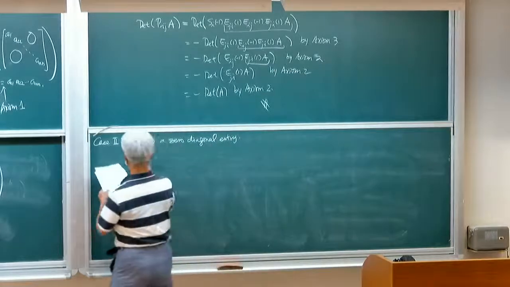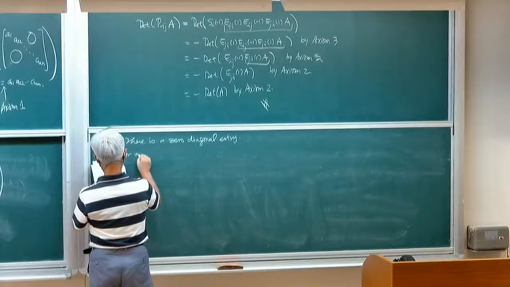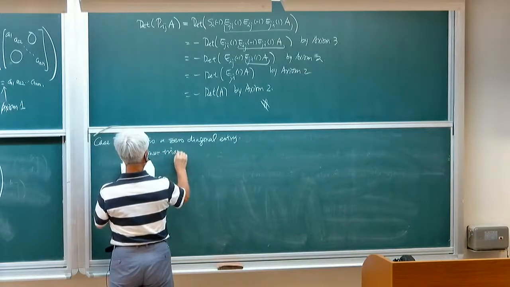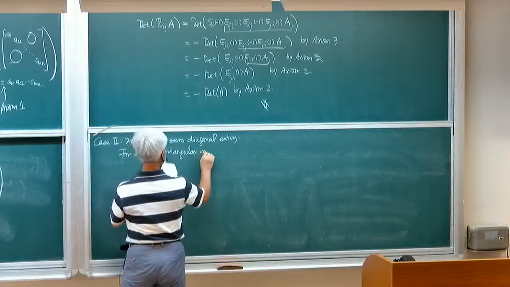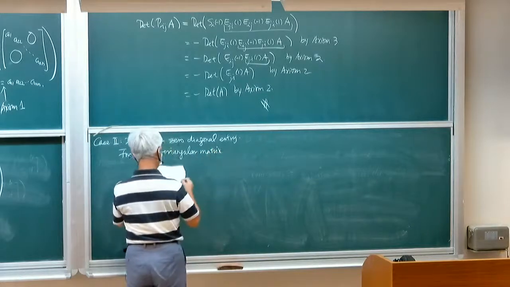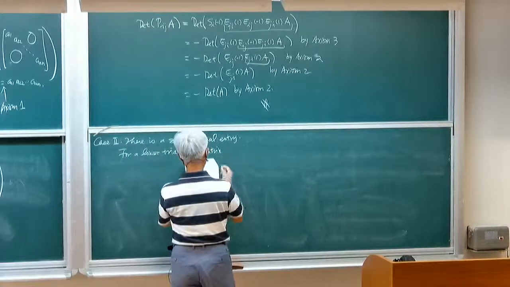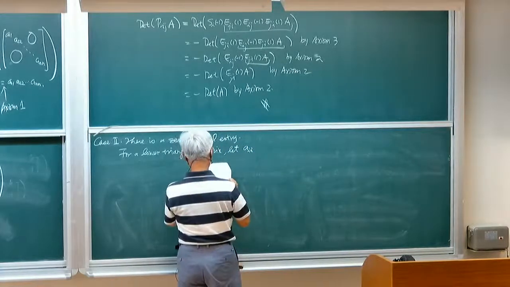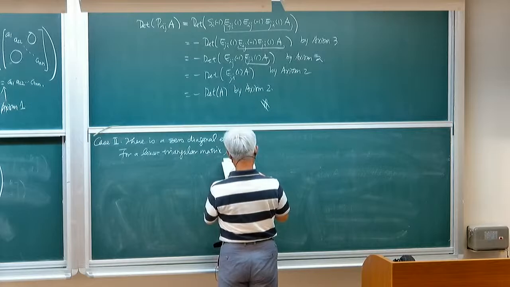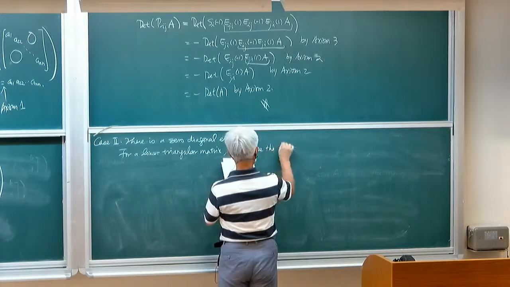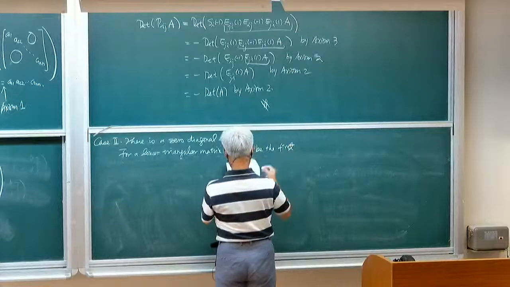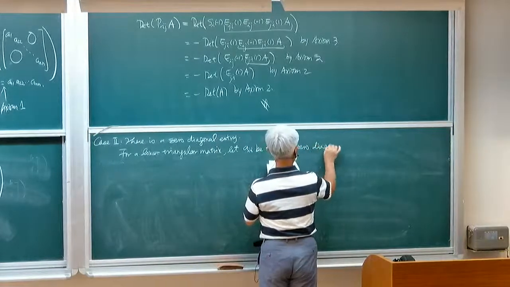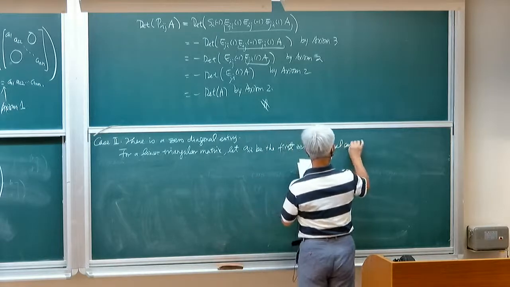Now, for a lower triangular matrix, we let a_ii be the first zero diagonal entry.